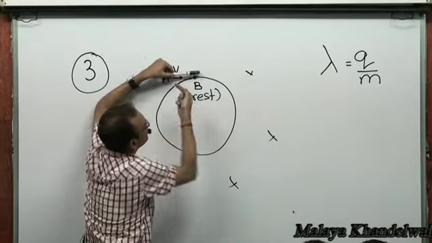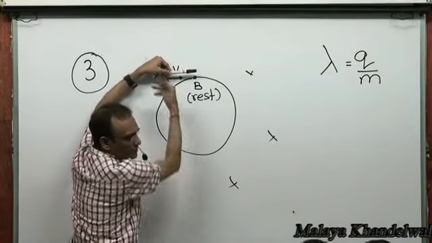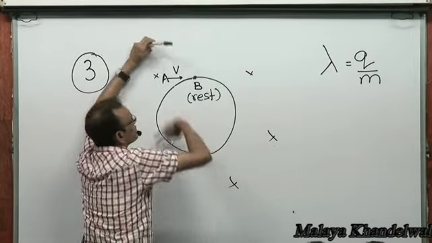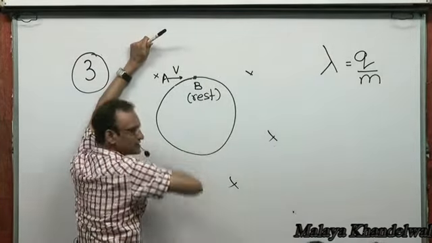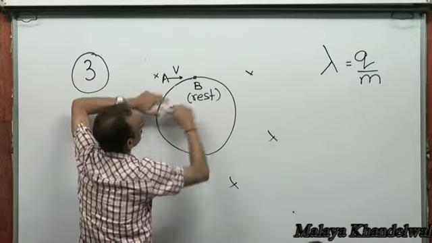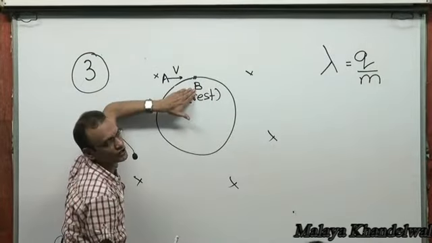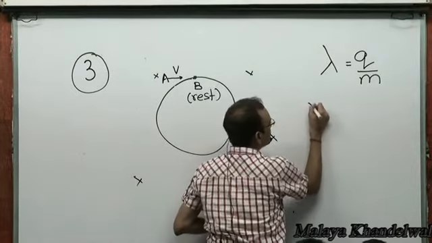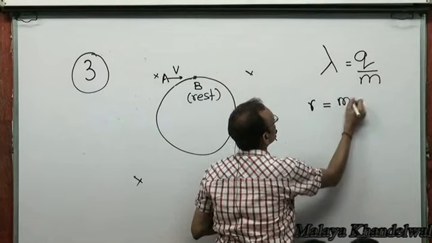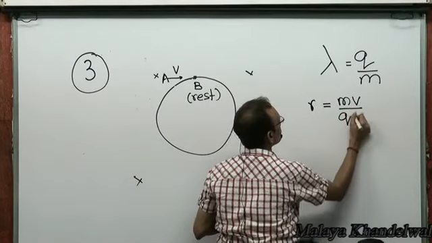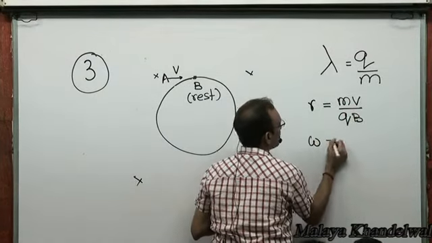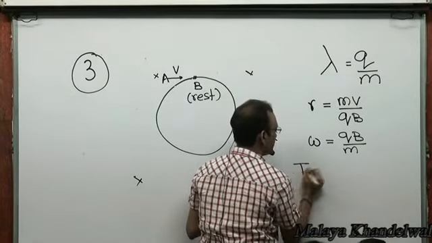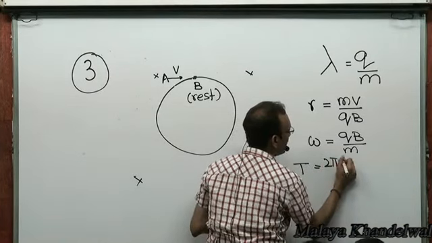If B was out of the plane of the board, then V cross B would be downwards, and the center of the circle will be here, and the circular trajectory that A would have proposed would be this. If there was no collision with B, it would have executed a circular trajectory of this kind with radius R equal to mv by qB, with angular velocity omega equal to qB by m, with time period T equal to 2 pi m by qB.